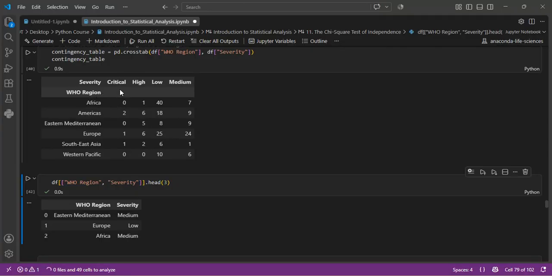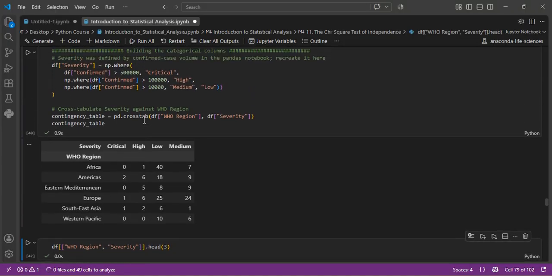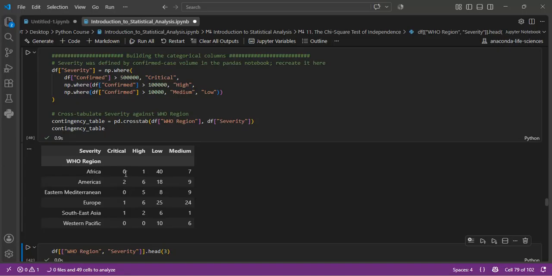So the crosstab is saying that we are going to make the WHO region the rows, and then make the DF severity the columns. So that's what the crosstab is doing.